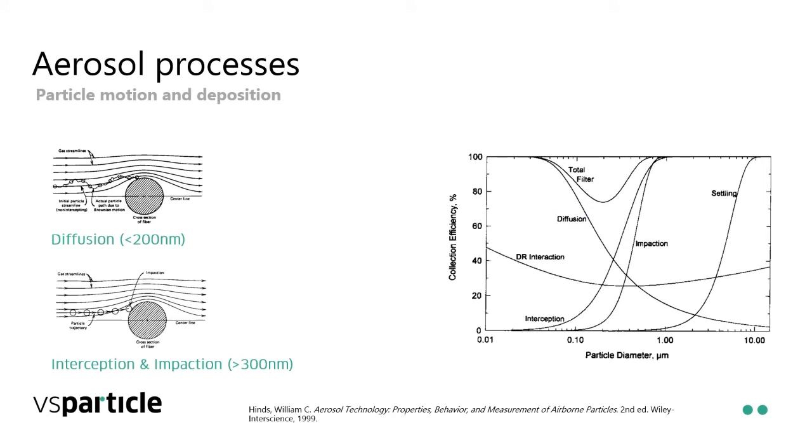We see on the left here a single fiber in a filter, and there are gas streamlines traveling around it. And what you'll see is that both small particles and big particles can be captured effectively, but by very different methods.